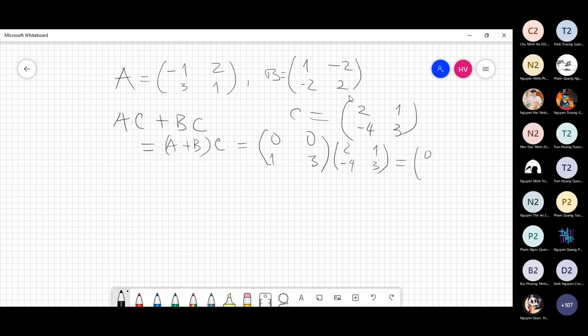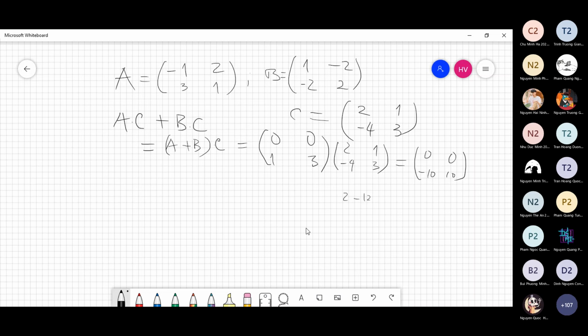So this is 0, that is 0, and this is 2 minus 12, so you obtain minus 10, and here you have 10. Good. Is this a little bit shorter? This is an example that sometimes you can use the property so that the computation is simpler. If you compute directly, maybe it is more complicated and longer.